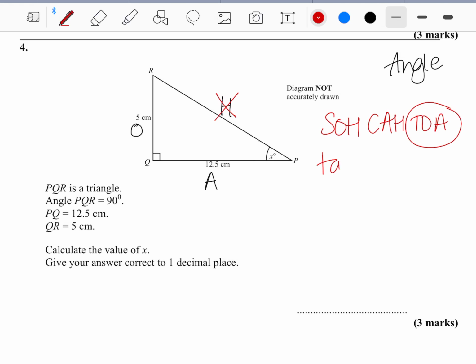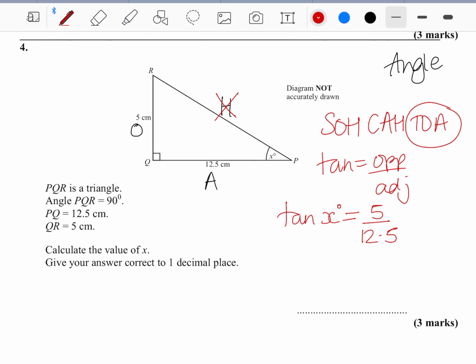So I'm going to write tan down in its basic format, and then I'm going to put the numbers in the right place. So tan of the angle x is equal to the opposite number, 5, over the adjacent number, 12.5.